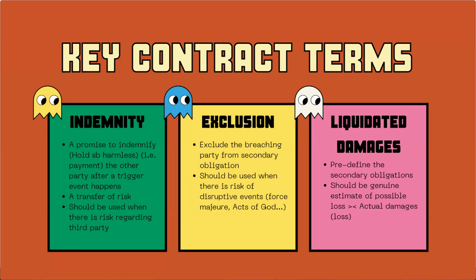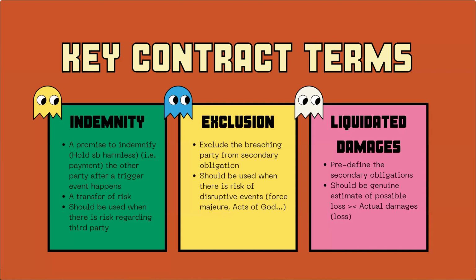Next, we have the liquidated damages. It is an attempt to predefine the secondary obligation and maybe put a cap on the secondary obligation. To be enforceable, it should be a genuine estimate of loss.